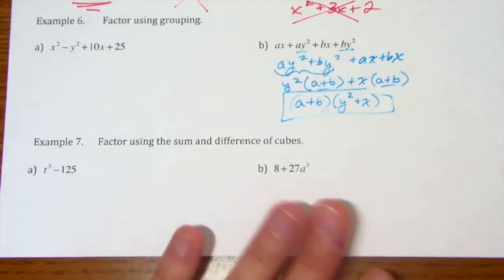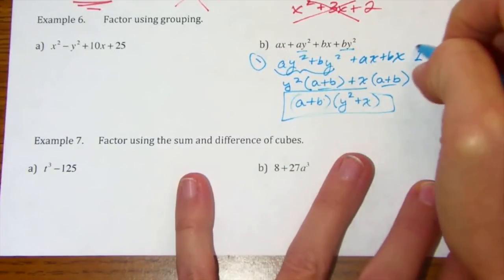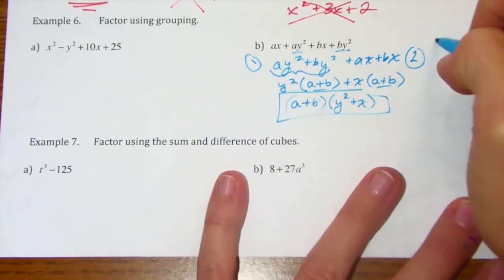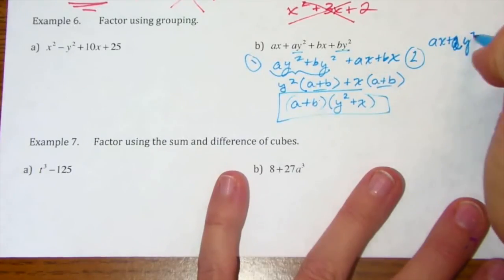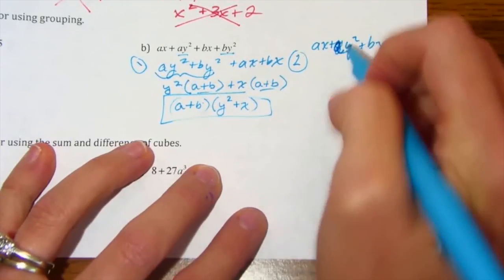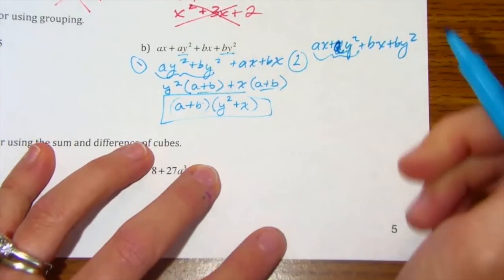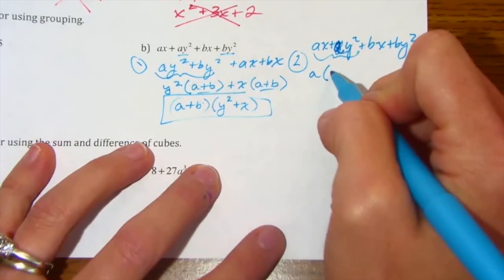All right, same problem. So that's option 1. Same problem. We could have actually left it like this, and I know this is kind of messy here. What is in common in the first two? A, and we pull that out and we're left with what?